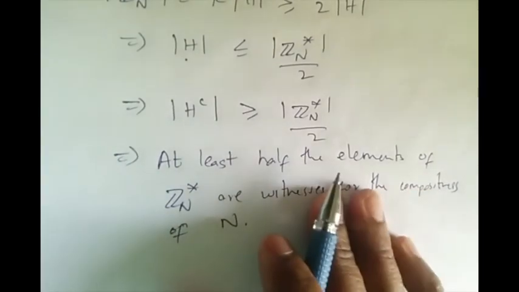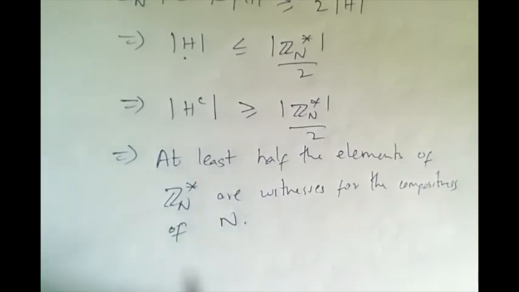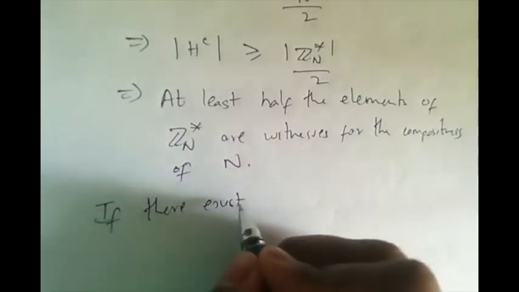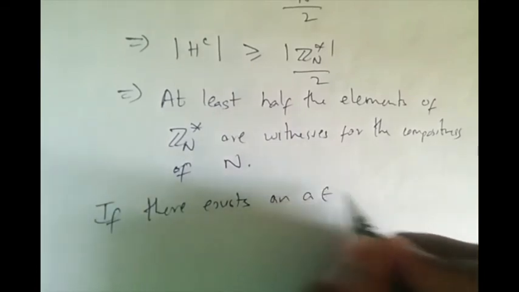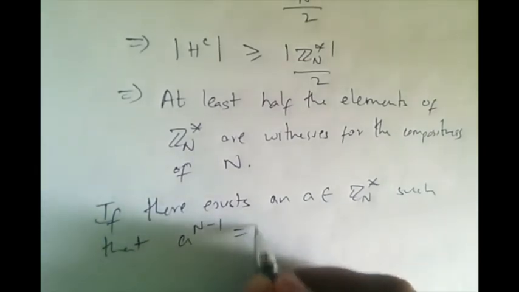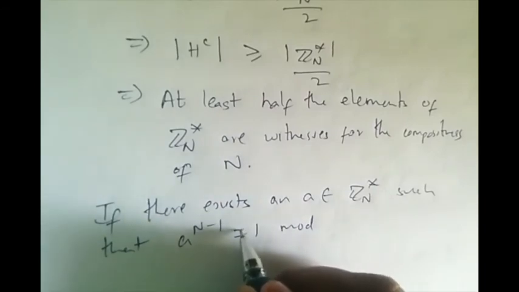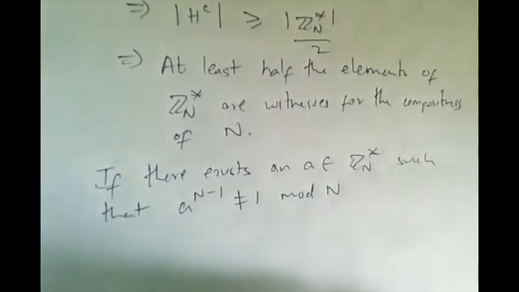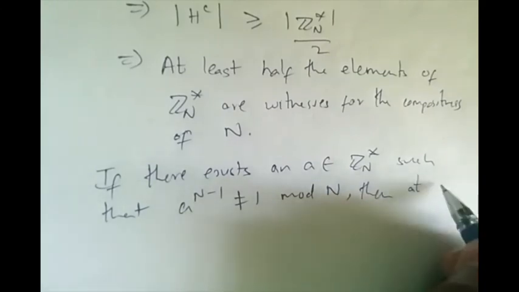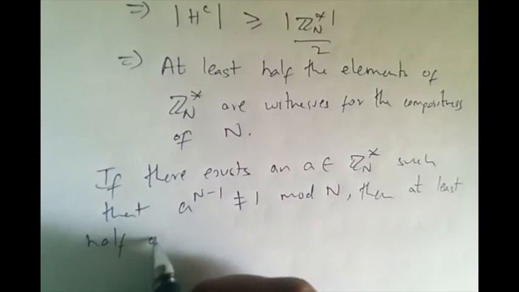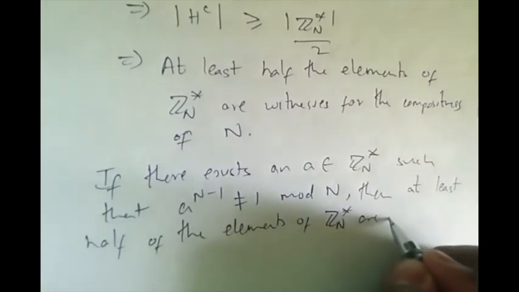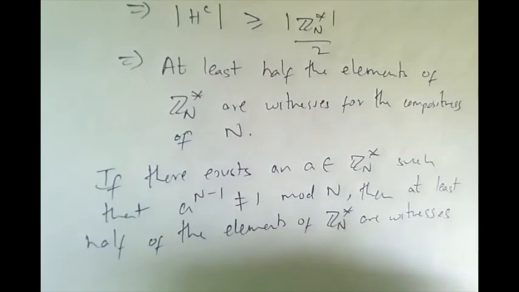So the theorem was, if there exists an a in Zn star such that a raised to n minus 1 is not equal to 1 mod n, that is, if there exists at least one witness for the compositeness of n in Zn star, then at least half of the elements of Zn star are witnesses, that they'll also satisfy this inequality.